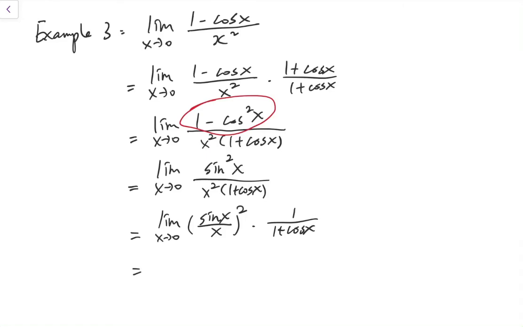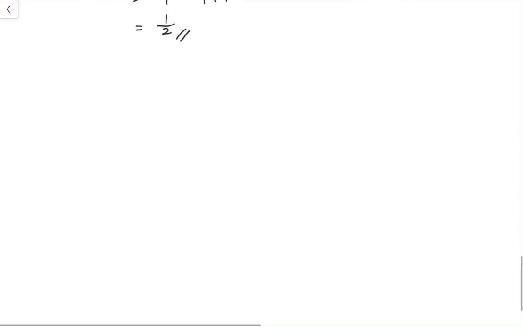But now we have a square. So this is 1 square times 1 over 1 plus 1. So finally, we get 1 over 2. Got it? Now let's go to the last example.